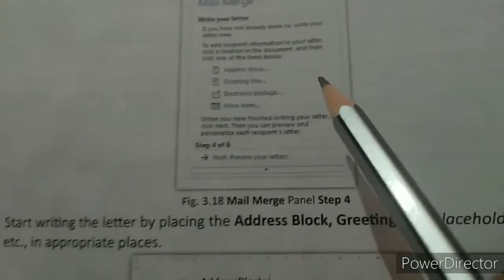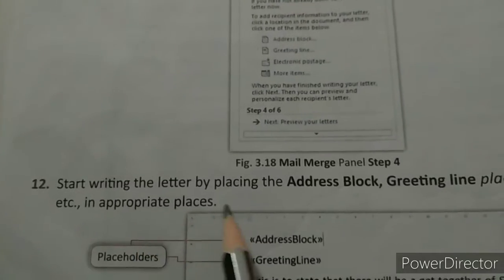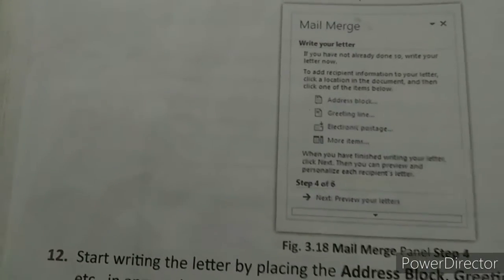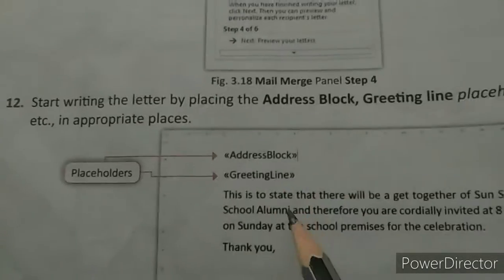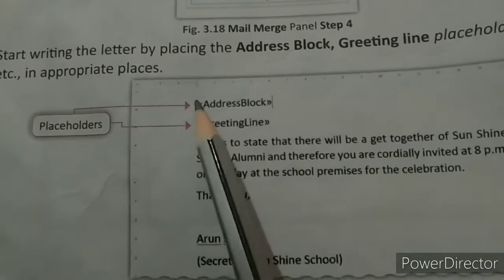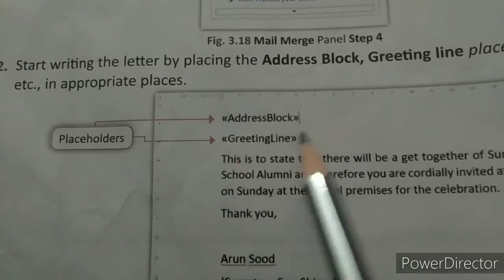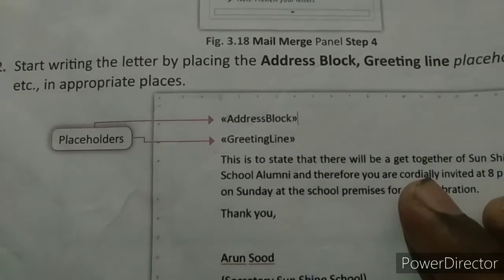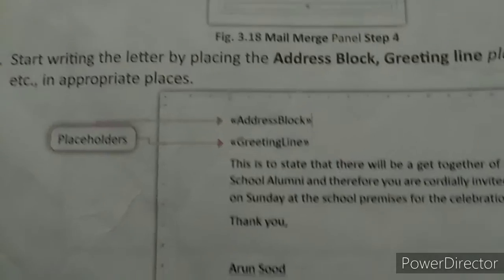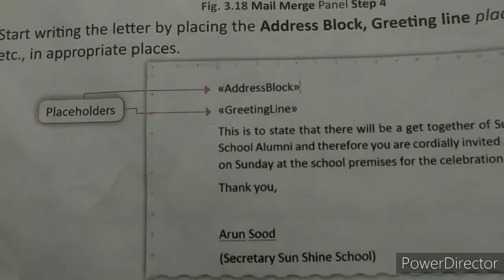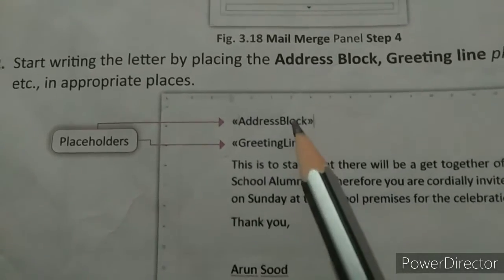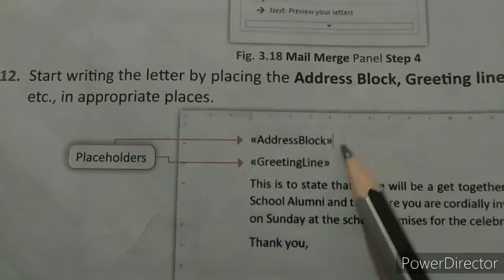Start writing the letter by placing the address block, greeting lines, placeholders, etc. The things which we took as title and addresses, we can place at the proper position. These placeholders represent all the fields entered in the address book, and we can place them at the desired location.